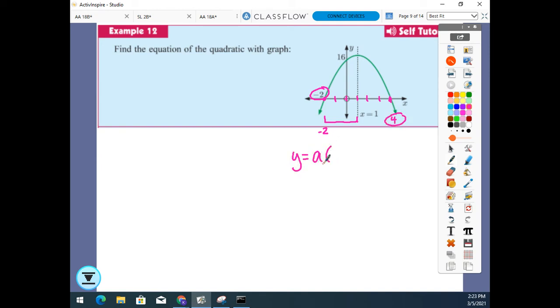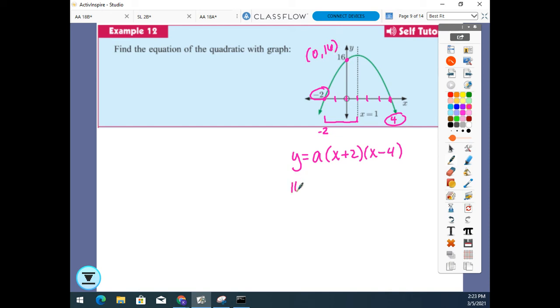But I don't know my leading coefficient. So x minus -2 times x minus 4. Then we can use this other point on the graph, 0, 16, substituting... oh, I did that backwards, sorry. All of a sudden I'm like, that's not right. The y is 16, the x is 0.